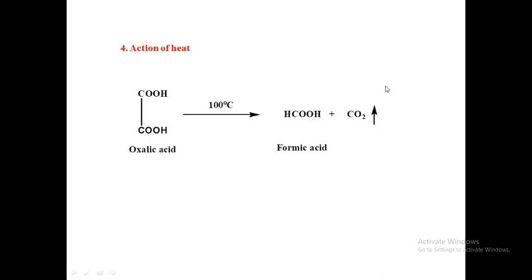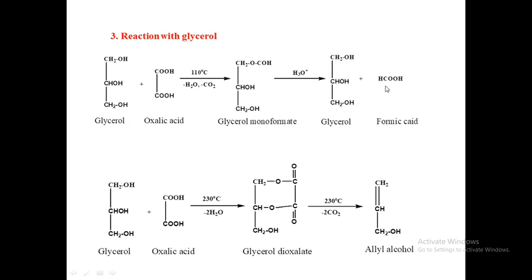This is your formic acid. So at 110 degrees Celsius it gives two products, formic acid and regenerated glycerol.